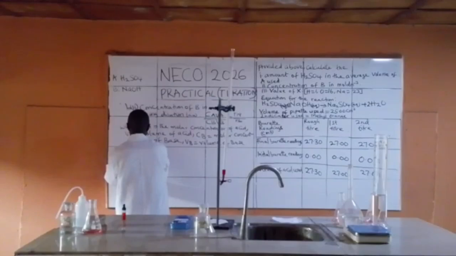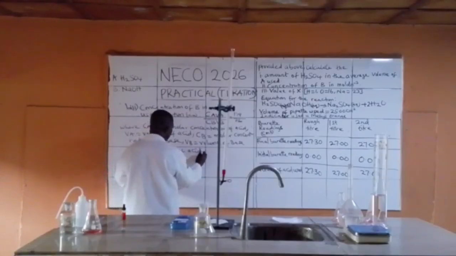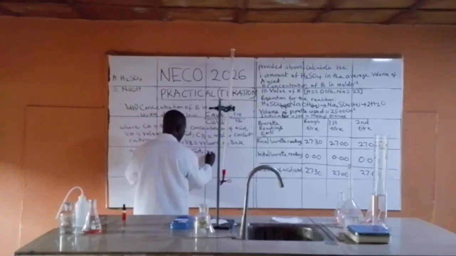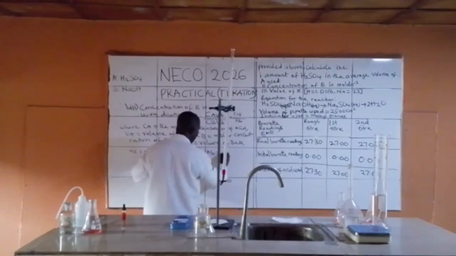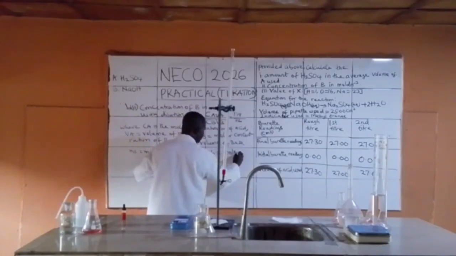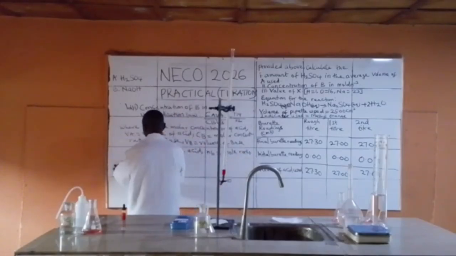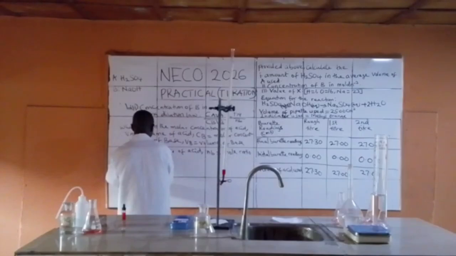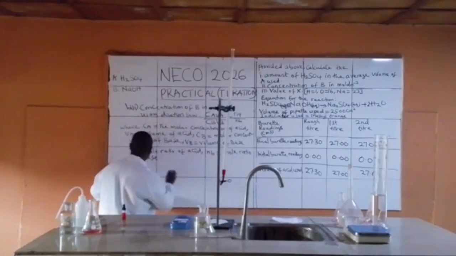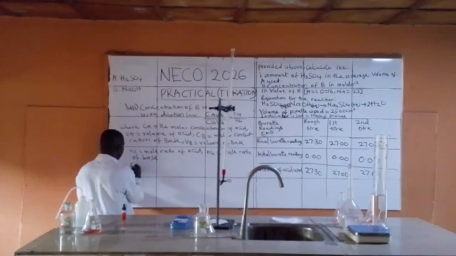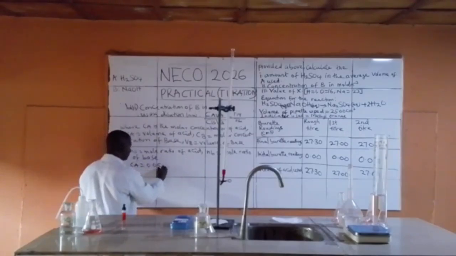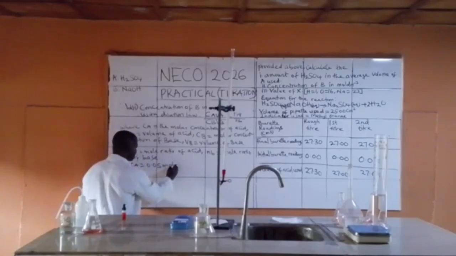Where NA is mole ratio of acid, while NB is the mole ratio of base. Here we have CA is equals to 0.05 mole per dm cube.